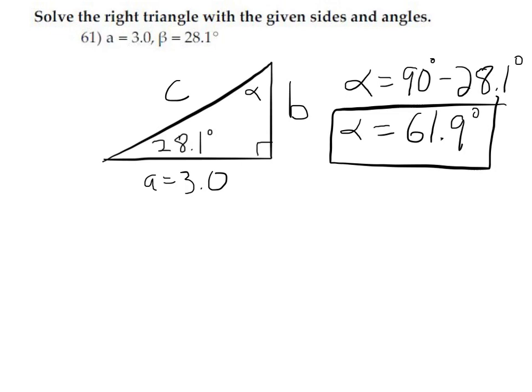Next, I always like to use the information that was previously given, so the A and the beta, to find anything else. So I'm looking for a trig function that has to do with this angle that somehow uses the adjacent side and gets me either the opposite or the hypotenuse.